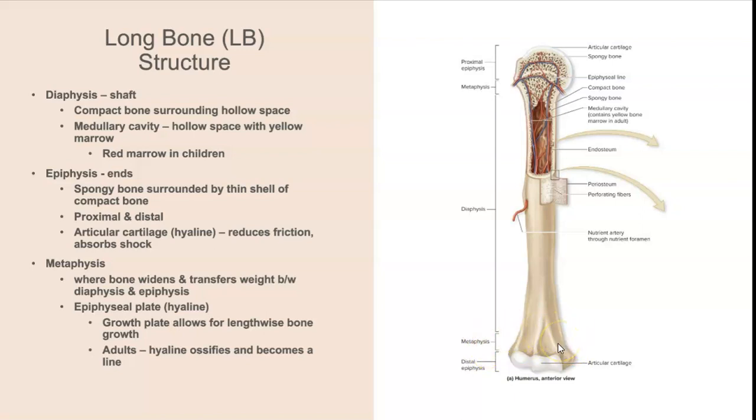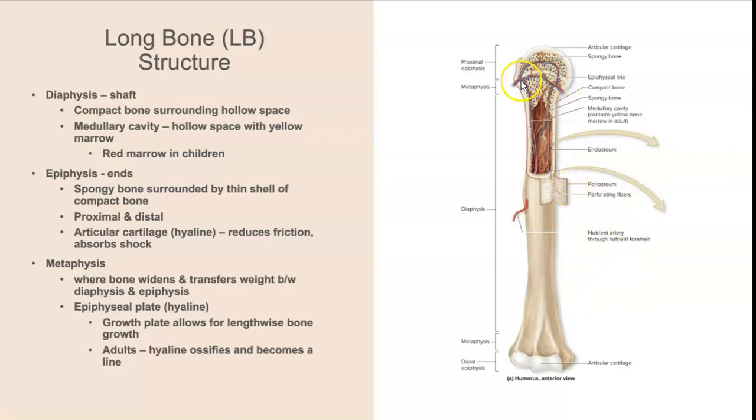Now, this is the location of something called the epiphyseal plate. So an epiphyseal plate still has cartilage there. Now, let me remind you, we start out with all of these bones being 100% made of cartilage. So until they get completely turned into bone, we still have some cartilage remaining.